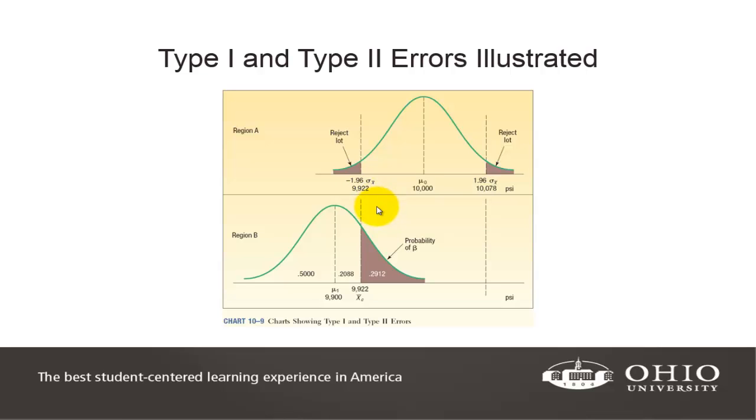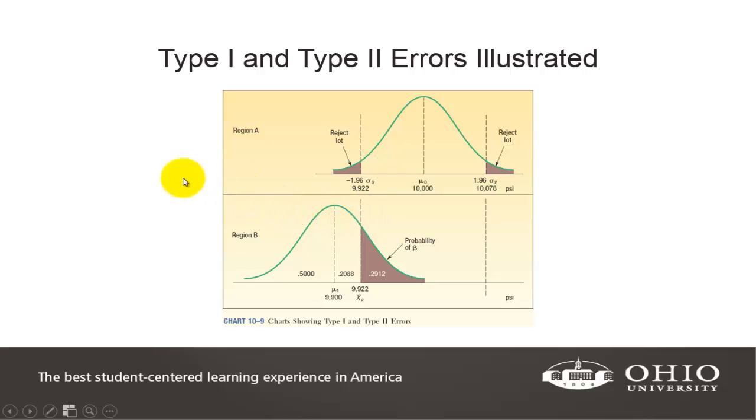Now the type 2 error is a little different situation. It's a little tougher, because when you talk about a type 2 error, what you're talking about is the chance that you will not reject the null hypothesis when in fact it's false. So what's the chance that we conclude that the mean is 10,000, or we're not able to reject the fact that it's 10,000, if it's not 10,000?